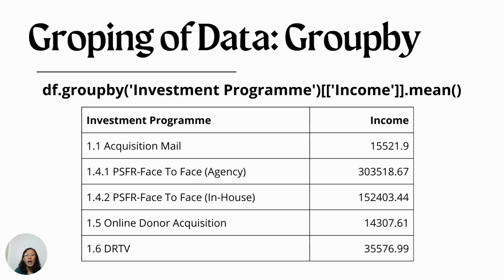For instance, here I just want to extract the income column. So we can define which column information to be calculated for the average value. This is how we can focus on specific variables to see how the average income changes based on the different program.